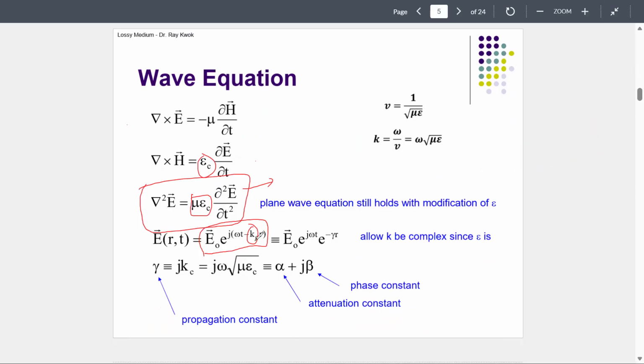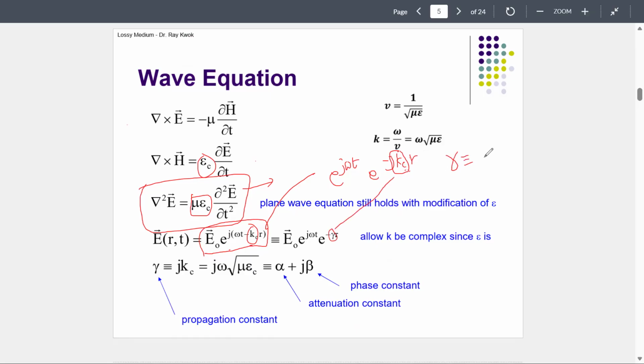But I can rewrite this as e to the j omega t times e to the minus Kc dot r, an exponential. And because this is a complex number, I'm going to absorb this and call it gamma.